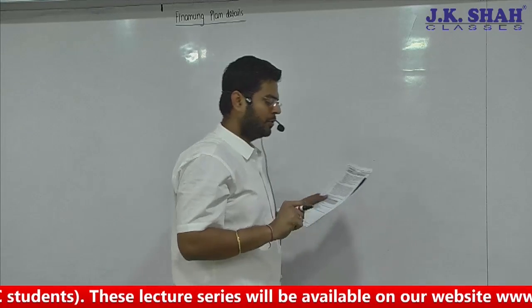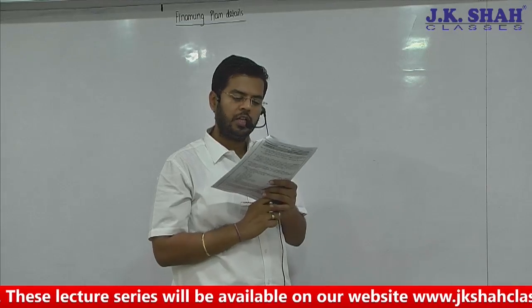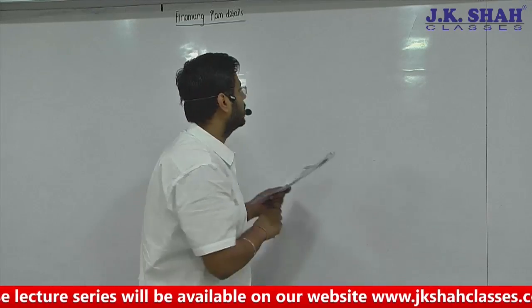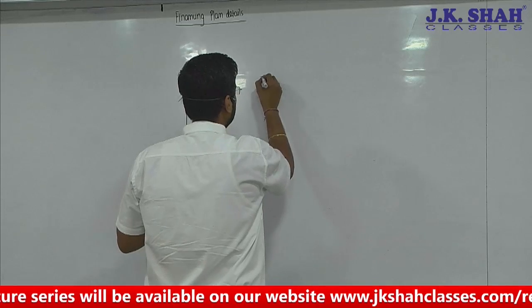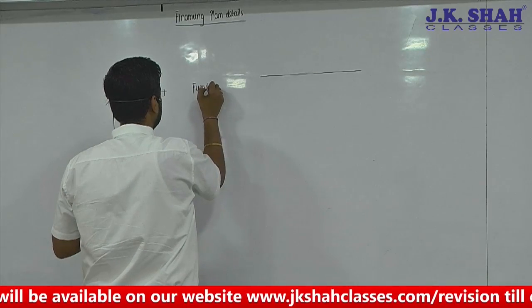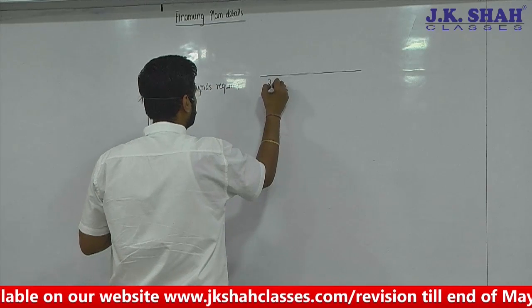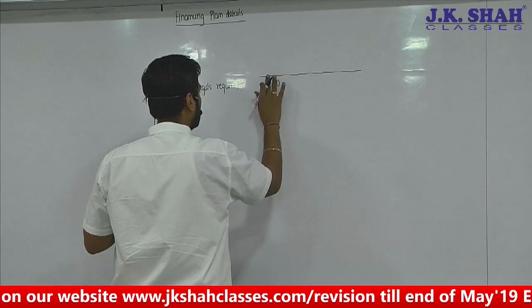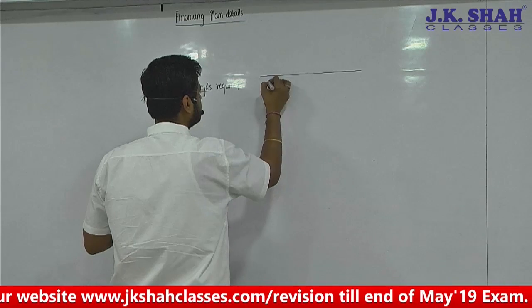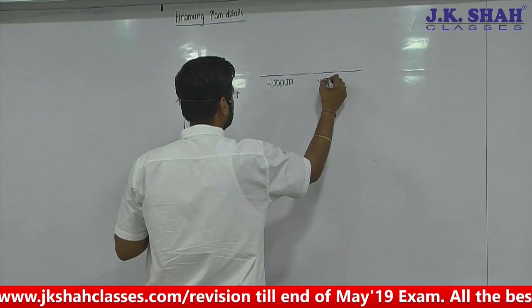How many options do you have to get this 4 lakh rupees? It has two alternatives. So the total money required is 4 lakh rupees, and here also it is rupees 4 lakh.